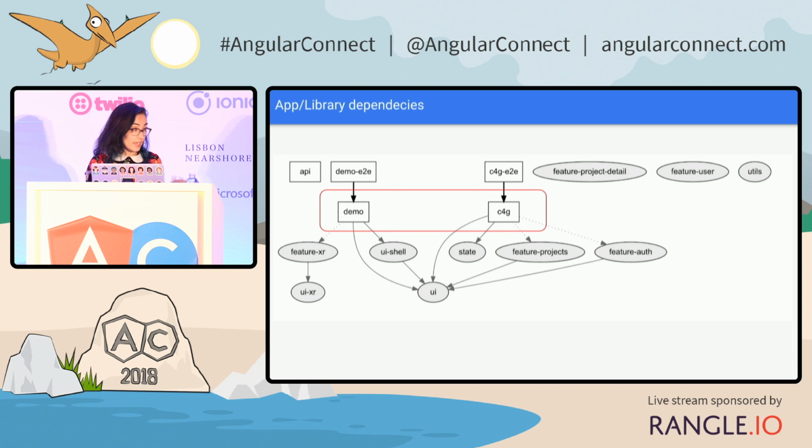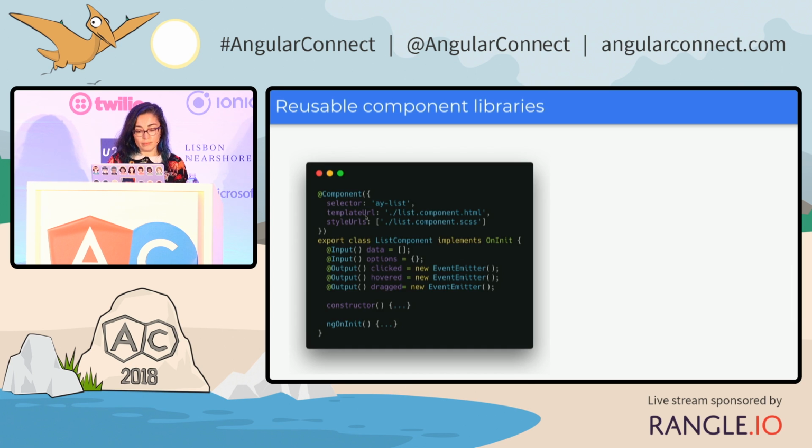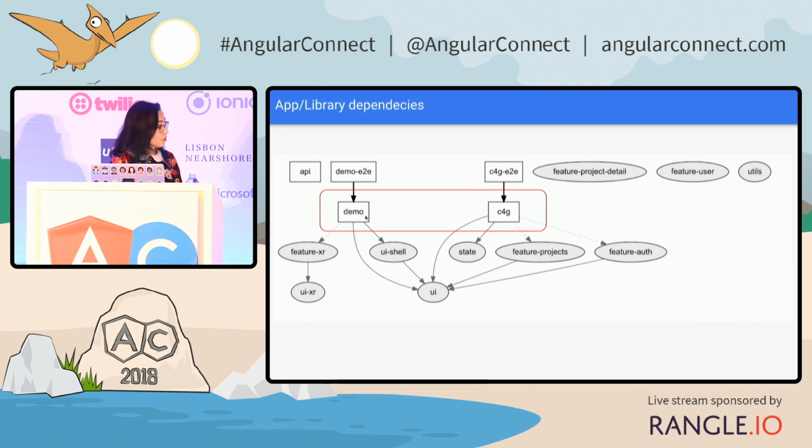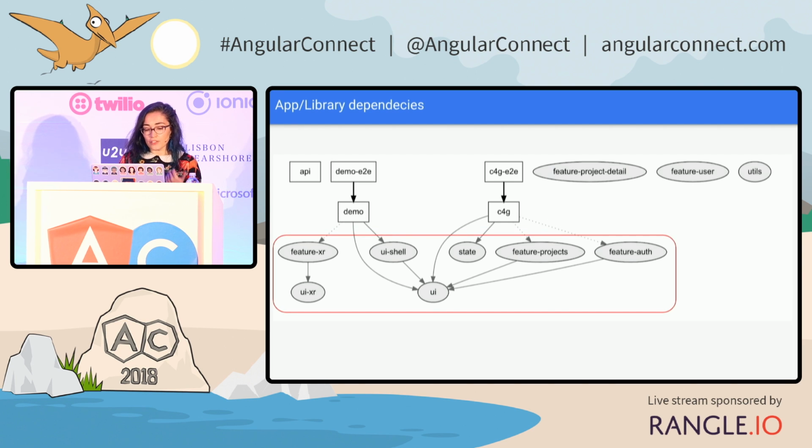With NX, and you can do this in any other way too, but this is the way I have been doing, you can create different applications, and in this case, demo and Code for Good are the two applications that I have. And they're sharing some of the libraries, and they have their own separate libraries.